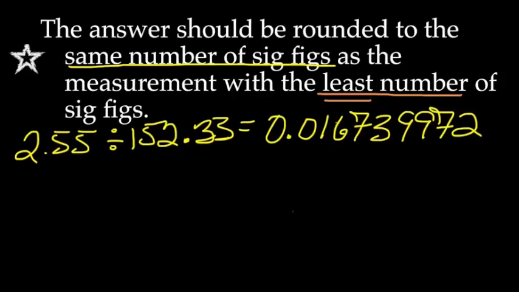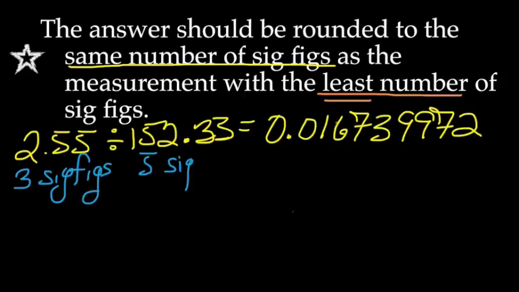I say there are 3 sig figs because all of those digits are non-zero digits and all non-zero digits are significant. All right, how about 152.33? How many sig figs in that number and why? I say 5 sig figs because, again, all of those digits are non-zero digits and all non-zero digits are significant.